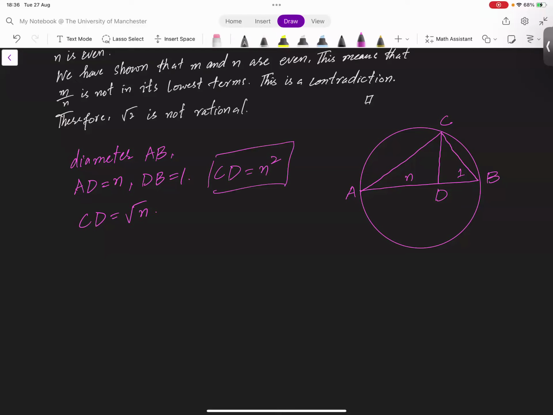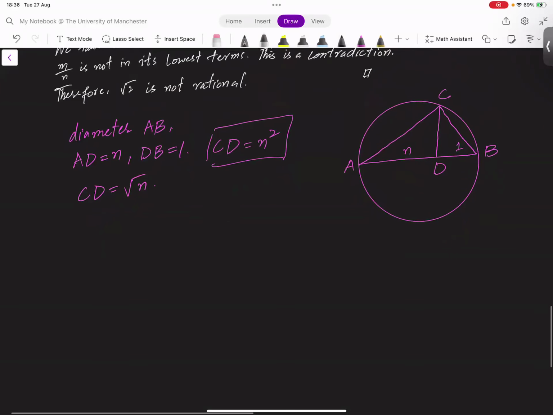Now, you can do that by using the Pythagoras theorem. And from here, we have found that under root 2 is not rational. Then what do we call it?